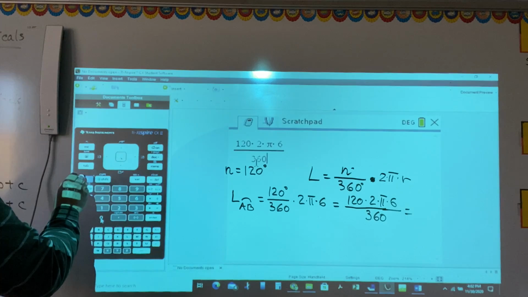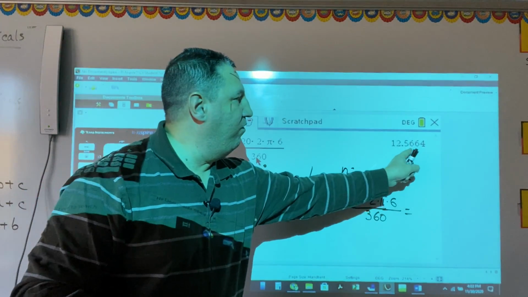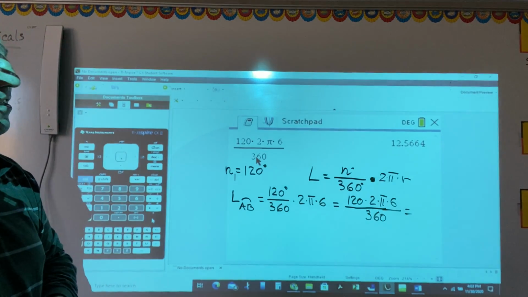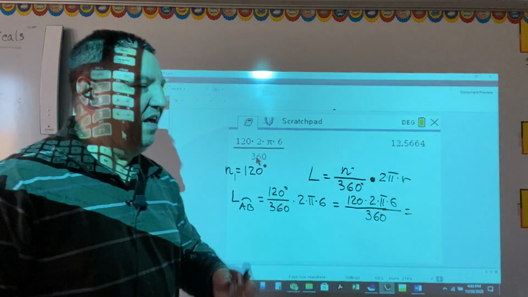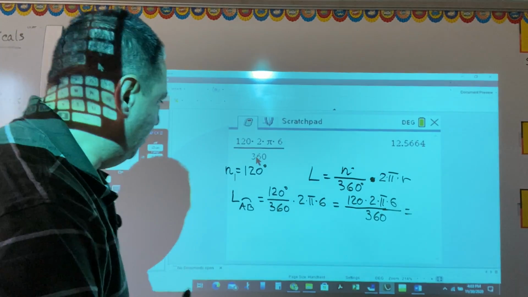And then you press Control and Enter, and you'll get 12.56. If you round to the nearest tenth, you can round up to 12.6.